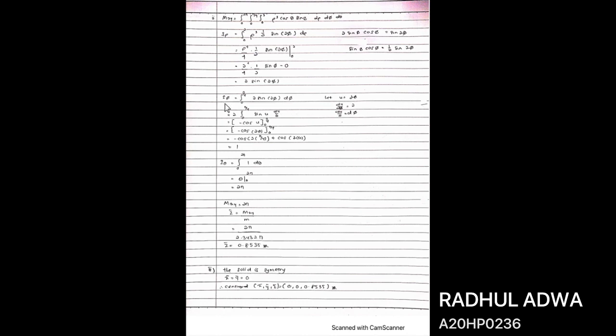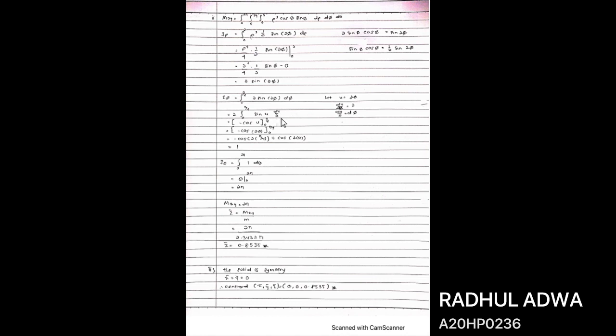Next, we need to integrate with respect to phi using 0 to pi over 4 of 2 sin 2 phi d phi. We can let u equal 2 phi and we get du over 2 equals d phi. We can substitute the value. We get 0 to pi over 4 sin u du over 2.